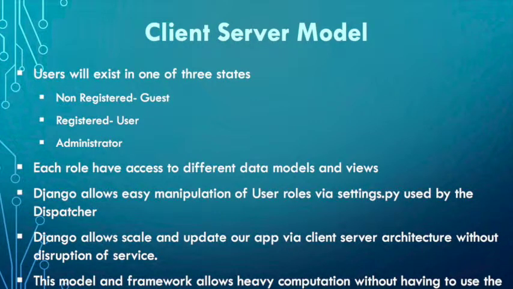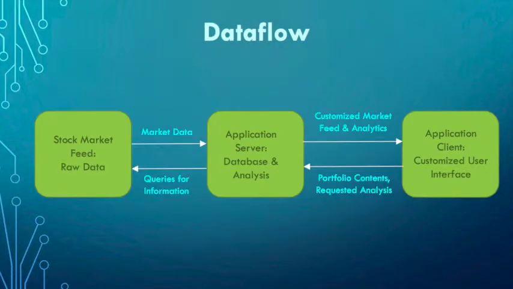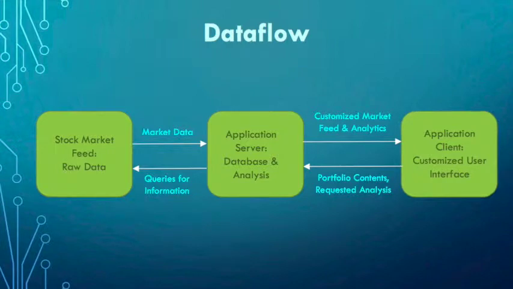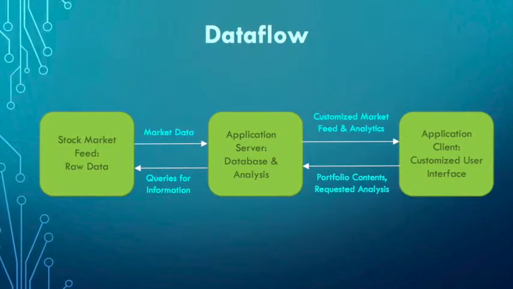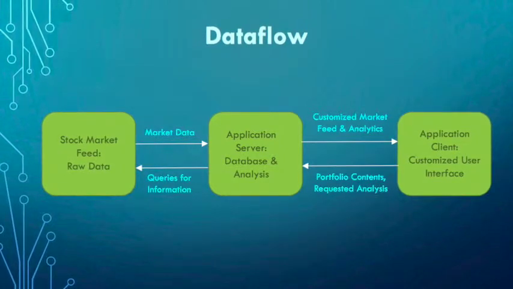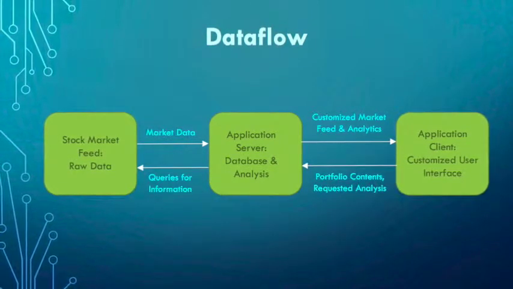Okay, so now we're going to continue with our discussion on data flow. Our app will go through and process data in a number of ways, and without getting into an explanation of a sequence diagram, it basically breaks down to three main steps.